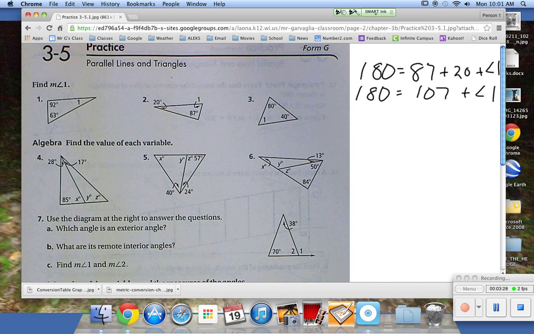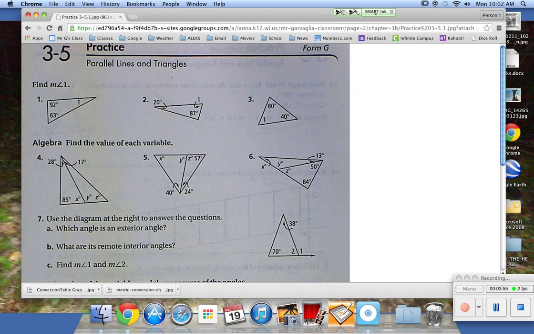What is angle 1 going to equal? Subtract 107 from here. What is that going to be? 73. All right, equals angle 1. Pretty straightforward. Those should be pretty easy to see, right? Everybody see those? Does everybody see them? Okay, good. Let's take a look at this next one here now.